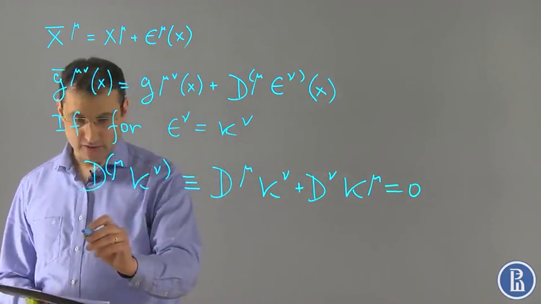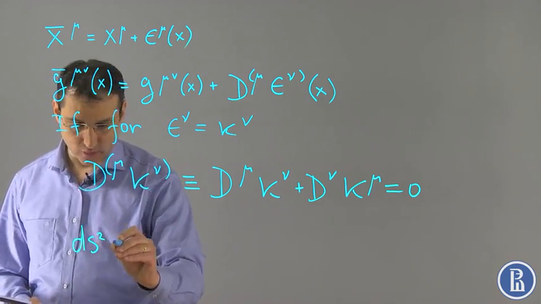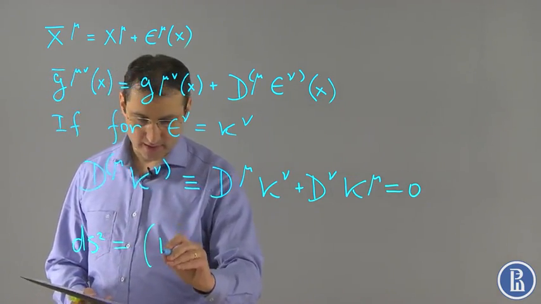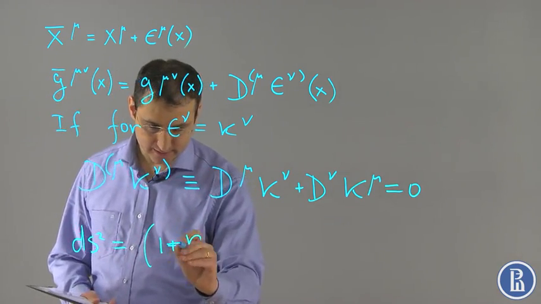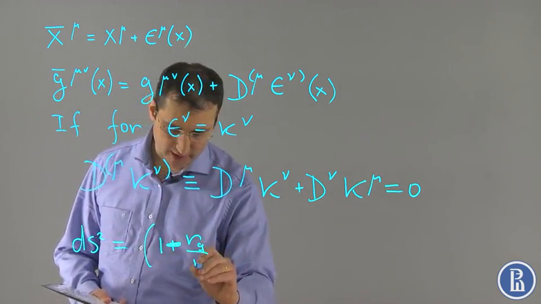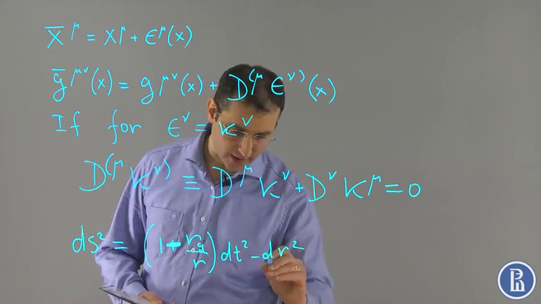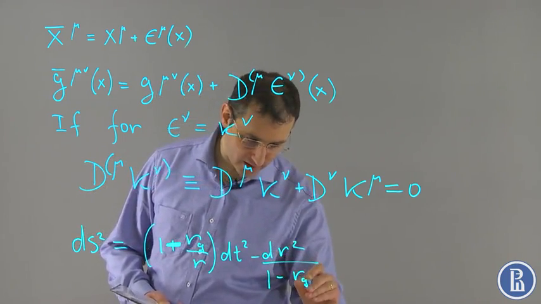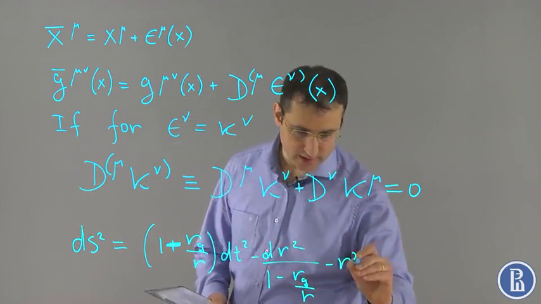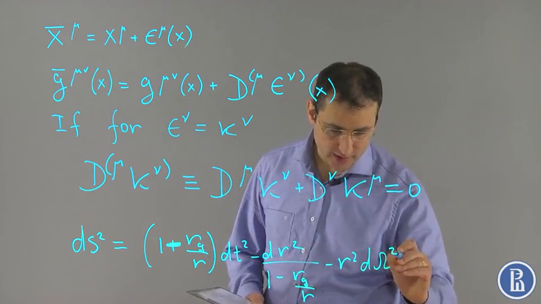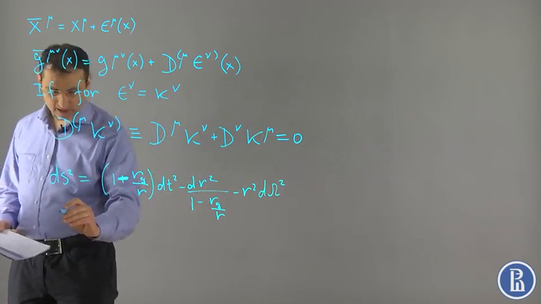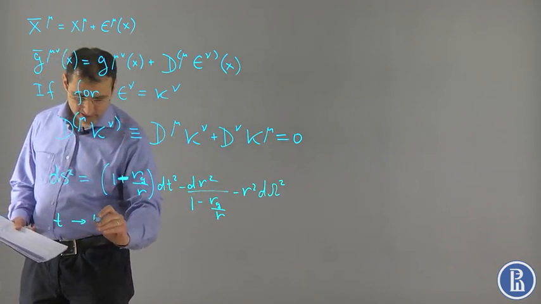So for example, for the Schwarzschild spacetime, which has the metric ds squared equals (1 minus rg over r) dt squared minus dr squared over (1 minus rg over r) minus r squared d omega squared, as you can see, this metric doesn't change if we make a time translation.